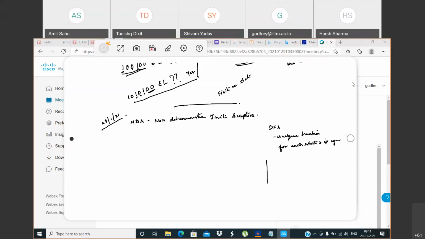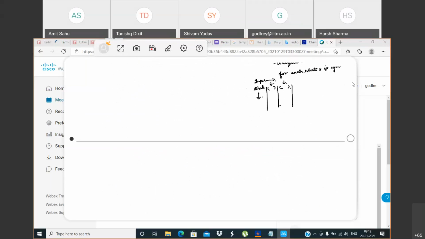So we saw that we had the states here and we had the inputs here, and with respect to every input, there was only one unique state to which the transition would occur. There was not more than one state.